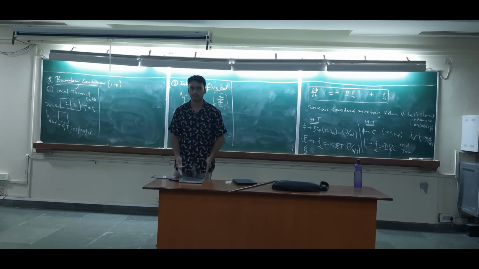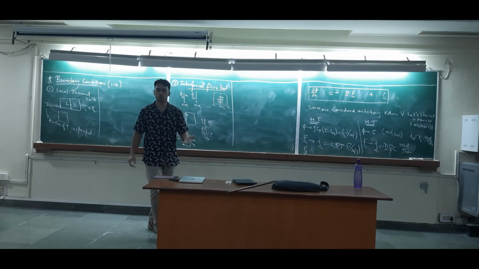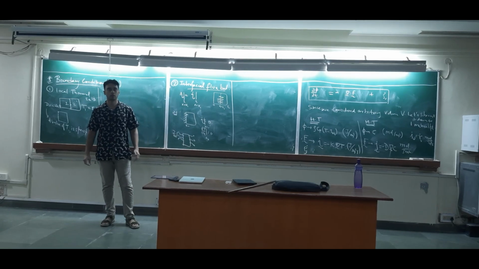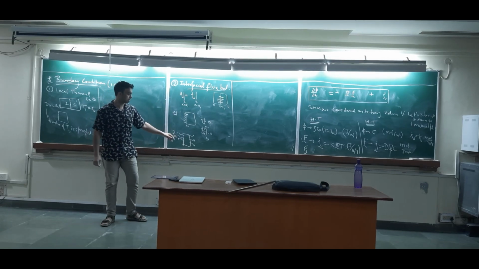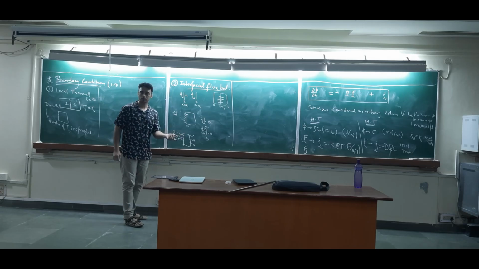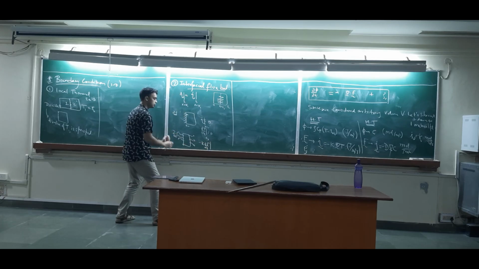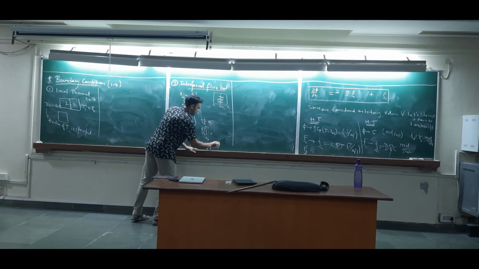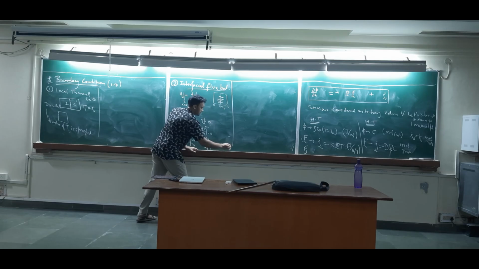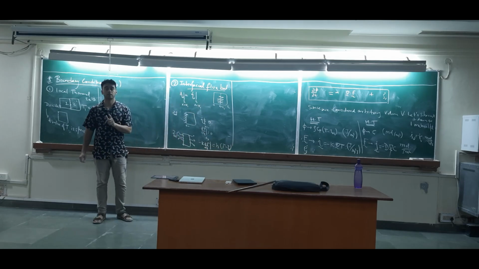What do you apply here? Again, assuming you know some basic heat mass transfer. Conduction equals convection, right? So you write that minus K dou T by dou X at whatever the position is equal to H (T minus T infinity).